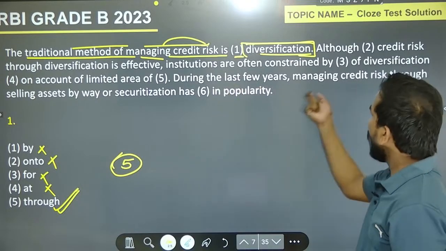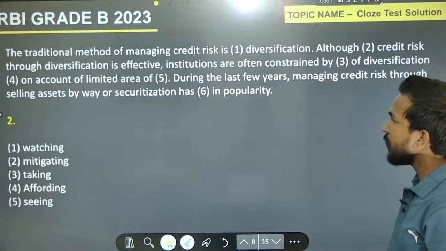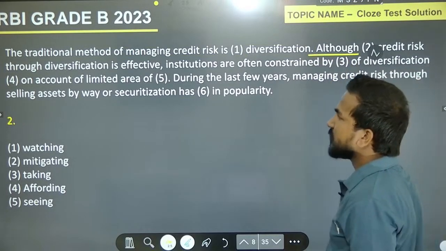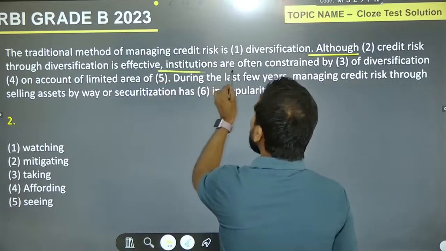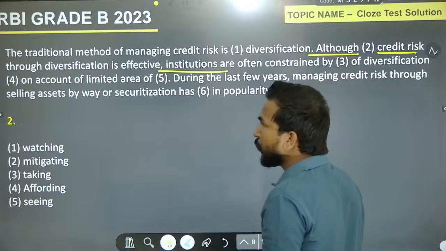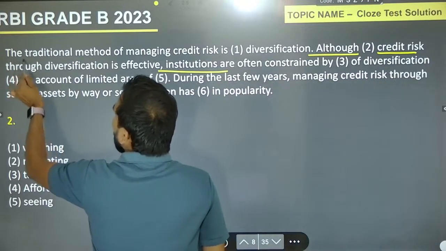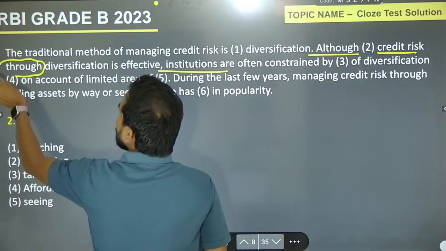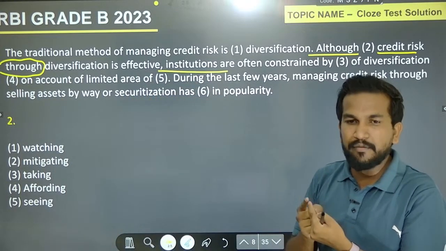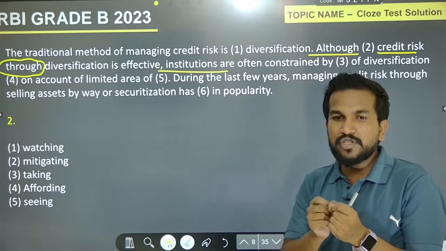Okay, so now we are having the second one. Although blank credit risk through diversification is effective, institutions are, okay, what we are talking about? We are talking about credit risk through diversification. Now here is the word through. Through diversification. Have you connected it?